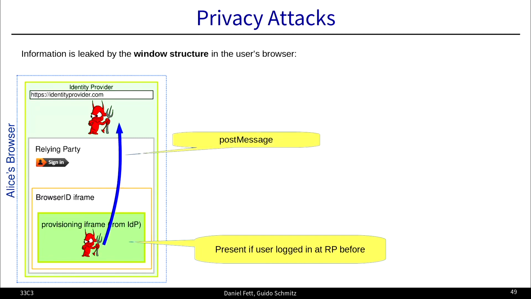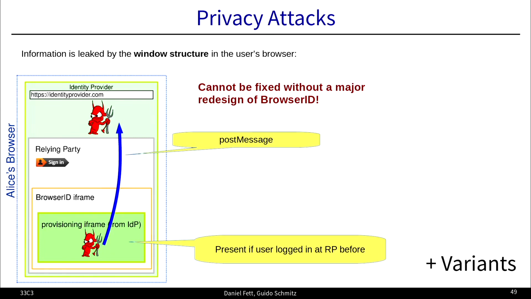They can, for example, just send a post message, saying, hi, the user logged in at this relying party before. So an identity provider can easily probe whether a user logged in at some relying party or not. And this, unfortunately, cannot be fixed without a major redesign of BrowserID because they relied on all these iframes and so on. So I think this can be considered broken beyond repair.